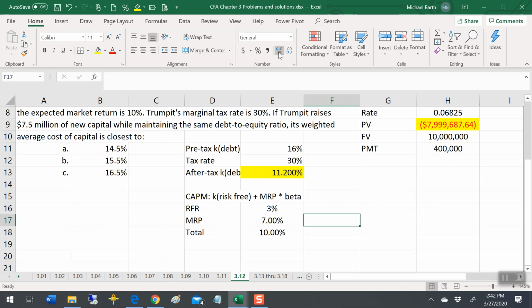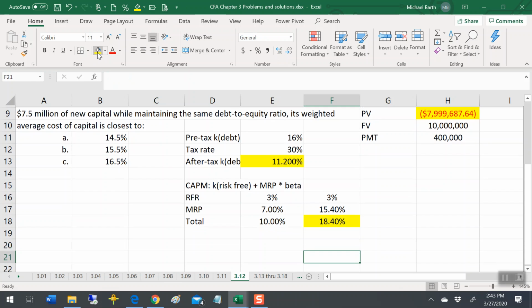The risk premium for this company is that times its beta. It has the same risk-free rate, so the cost of equity for Trumpet is 18.4%.